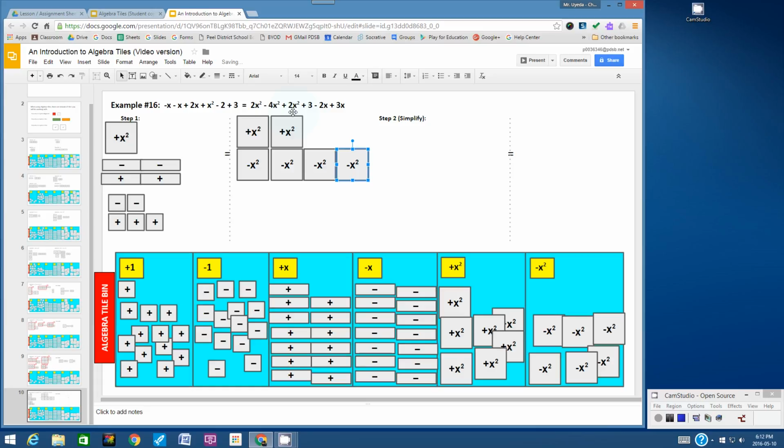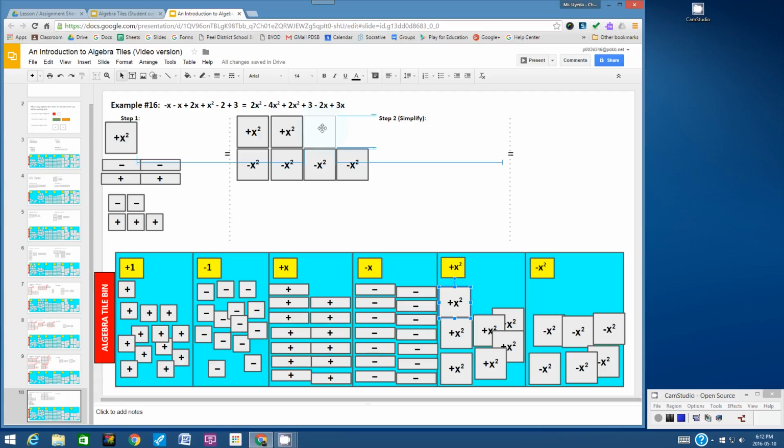And then we're not finished with the x squareds yet. Then we have another positive 2x squared. Okay, so that should take care of all of the x squareds.